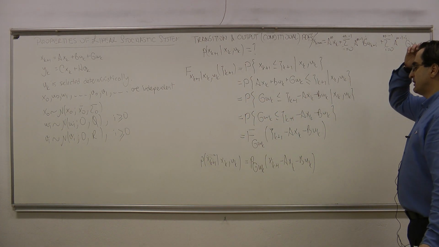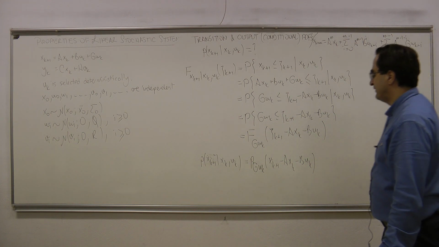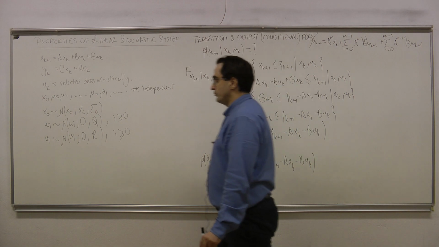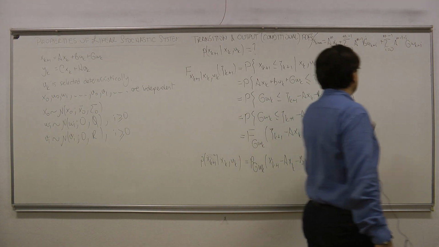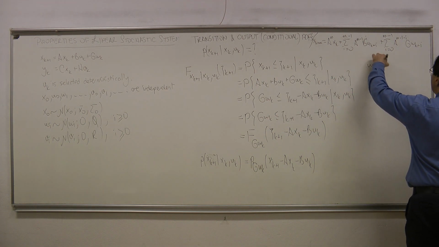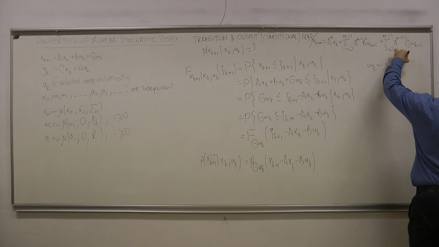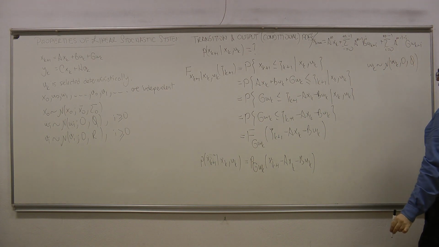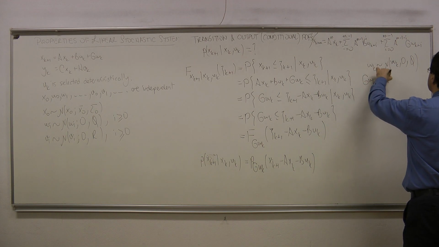So we see here that in order to be able to find this conditional PDF, I need to find the distribution of GWK. Okay? So wk is itself normal with zero mean and covariance Q. Then what would be the distribution of GWK?